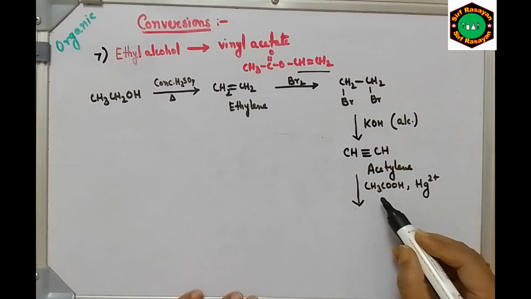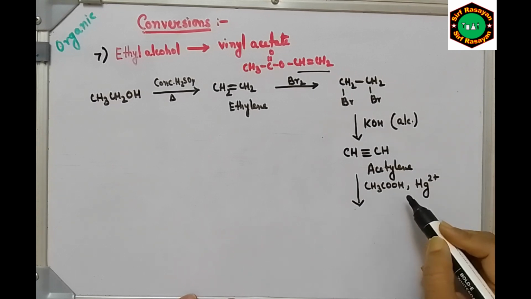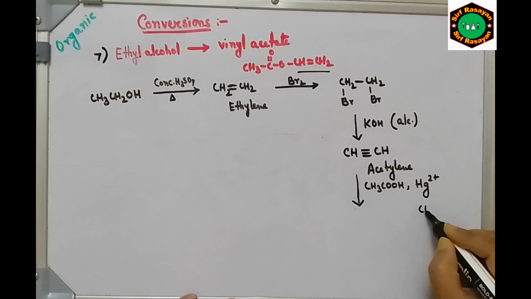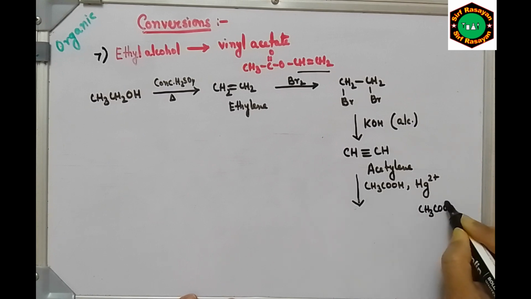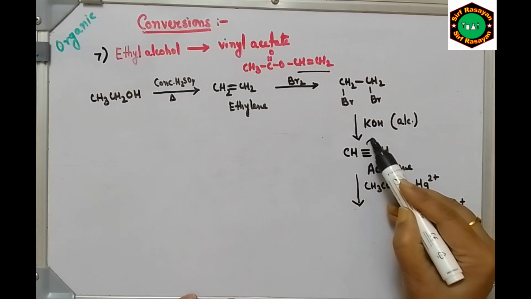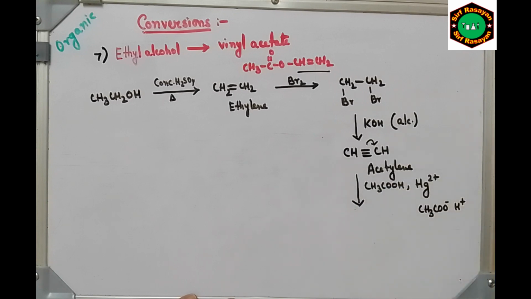what will happen? This will add across the triple bond. I am not showing the mechanism. Just remember, CH3COOH means CH3COO minus, H plus. So if this bond breaks, one part will become plus, another part will become minus.